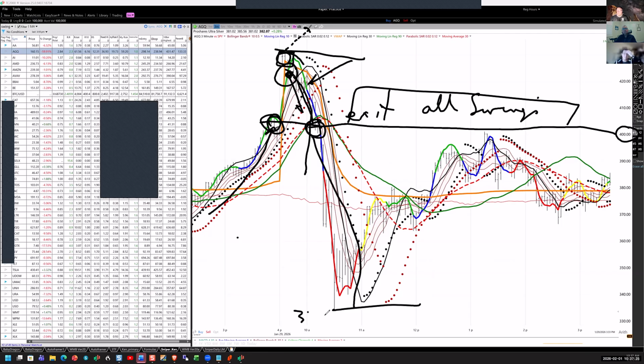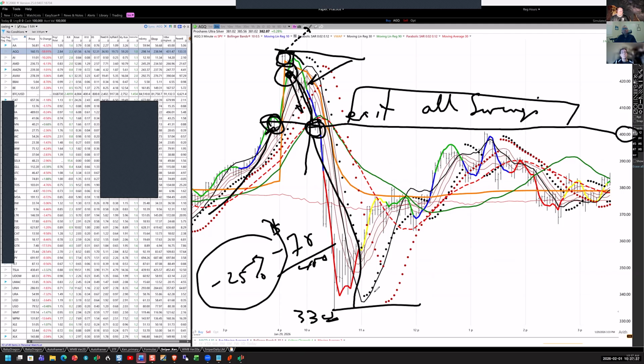And then it sold off all the way to 330, which is minus $70 on a $400 stock, minus 25% in about 30 minutes.